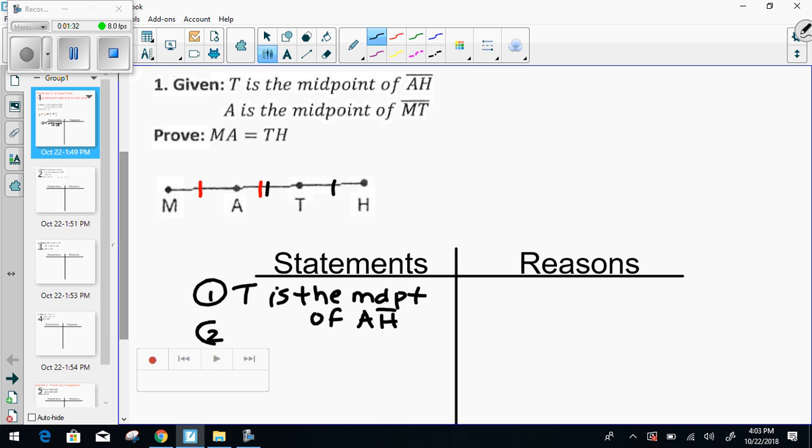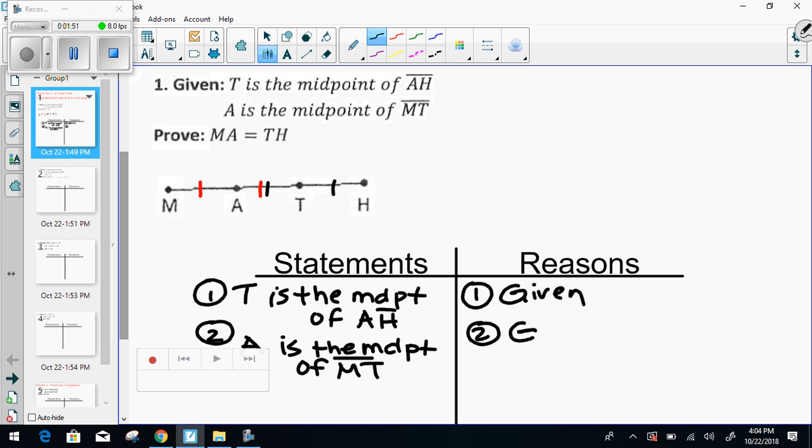And you're also given that A is the midpoint of MT. The reason we know this information is because it's given. We are trying to eventually prove that MA is the same as TH, that they are equal.